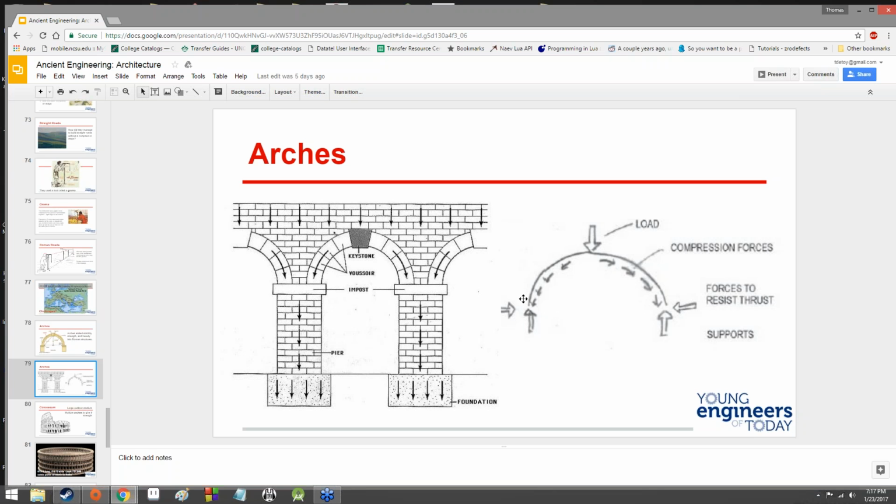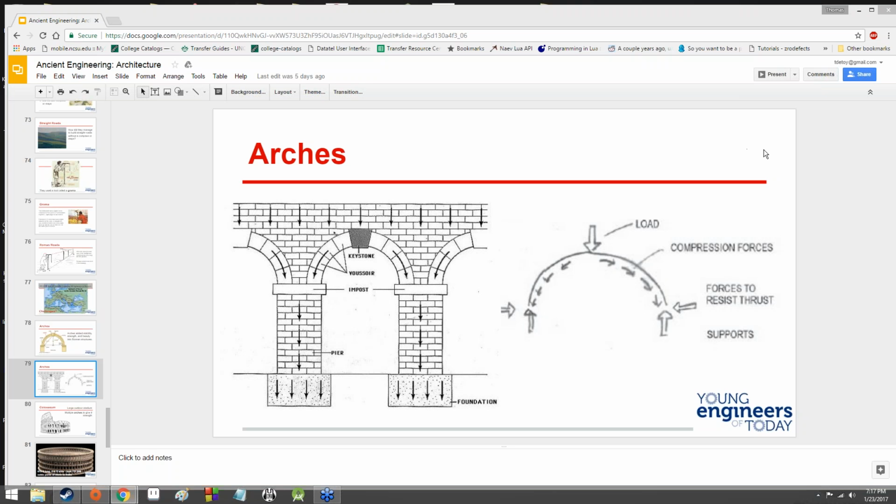The way that the arch basically works is that all of the different forces acting on the arch essentially cancel each other out. There's a downward force on the arch itself. However, the way it's structured, it distributes that downward force along the entire arch and down into the supports, and as long as the supports are strong enough to hold that weight, the arch stays standing.